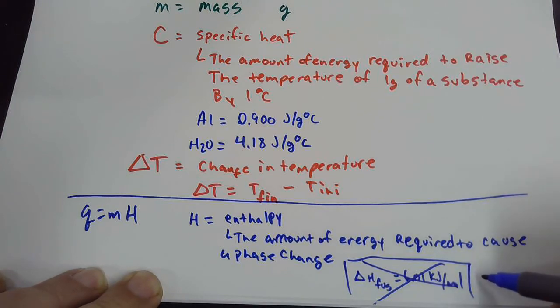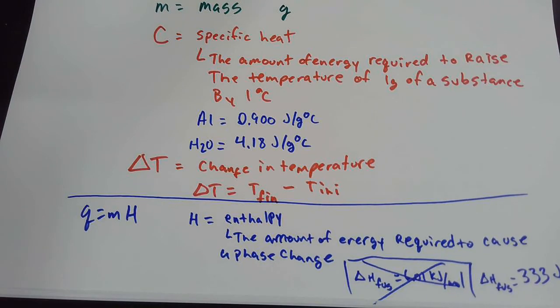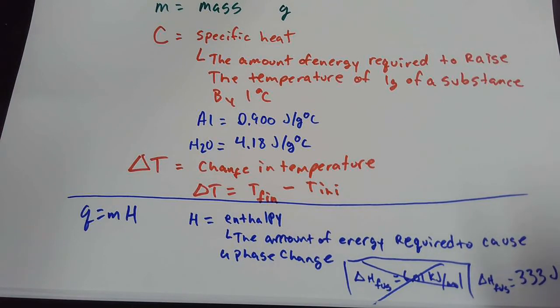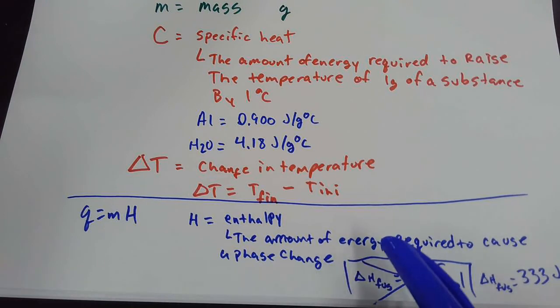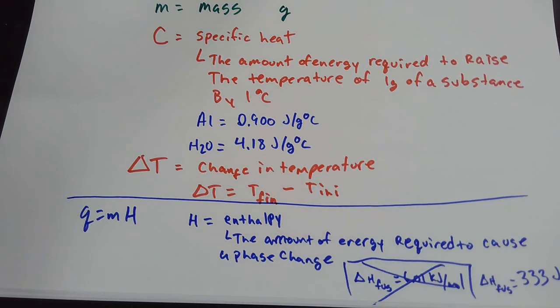Now we give you the delta H of fusion as 333 joules per gram. So in this class, anytime we're doing the phase change, the units we will be giving you the delta H in will be in joules per gram. So you won't have to do any metric conversions and you won't have to do any mole conversions. When we taught this to juniors, they had to do metric conversions and mole conversions to do their thermochemistry.